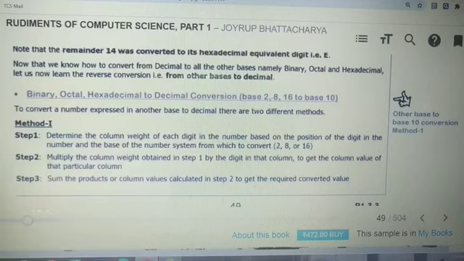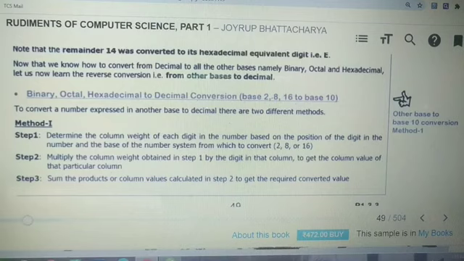From the binary number system we can convert into the octal, hexadecimal and decimal number systems too. So what is the rule for that? Step 1: determine the column weight of each digit in the number based on the position of the digit in the number and the base of the number system, which is 2, 8, or 16. Step 2: multiply the column weight by the digit in that column to get the column value.